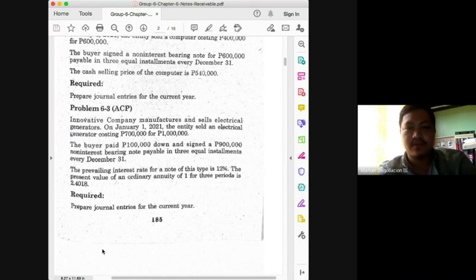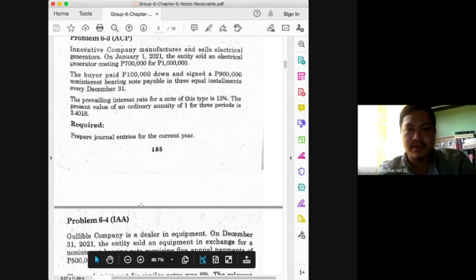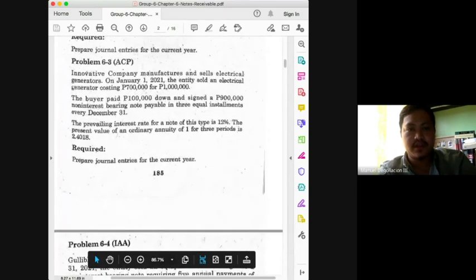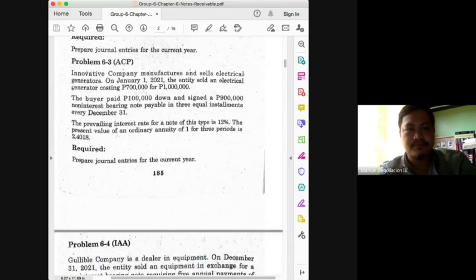By the way, what are the requirements here? I'll just prepare the journal entries. As of January 1, our complete entry would definitely be a debit to cash, because in this transaction on January 1, 2021, we'll receive cash in the amount of 100,000.